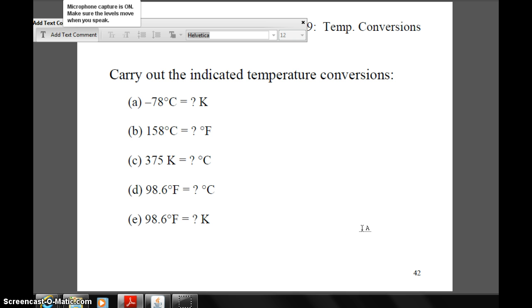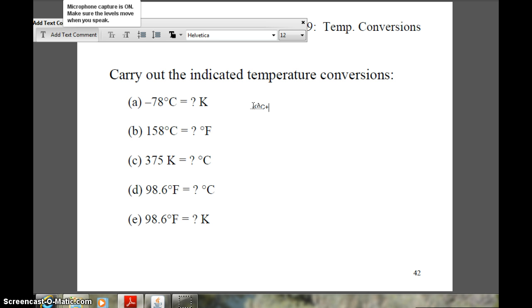Alright, the question is, to carry out the indicated temperature conversions, you're supposed to convert negative 78 degrees Celsius into Kelvin. So like I said, Kelvin is equal to degrees Celsius plus 273. For the sake of argument, I'm not including the 0.15. So all you have to do here is plug in the value of C, and that is given as negative 78.